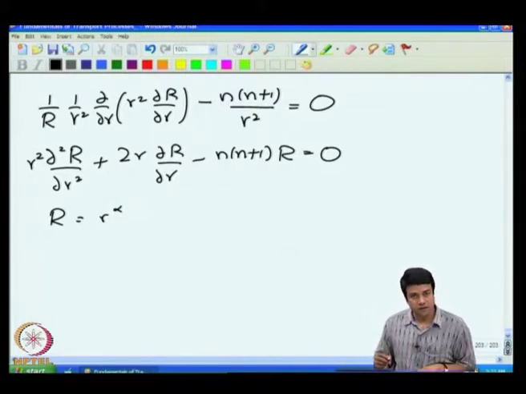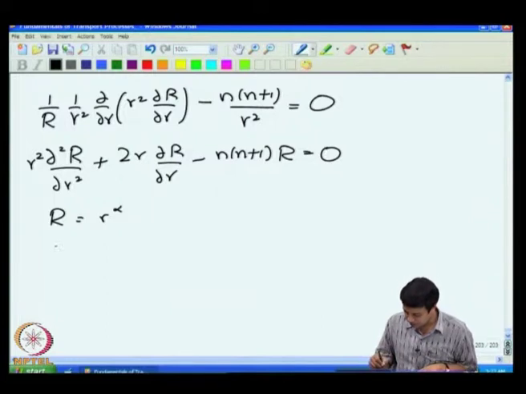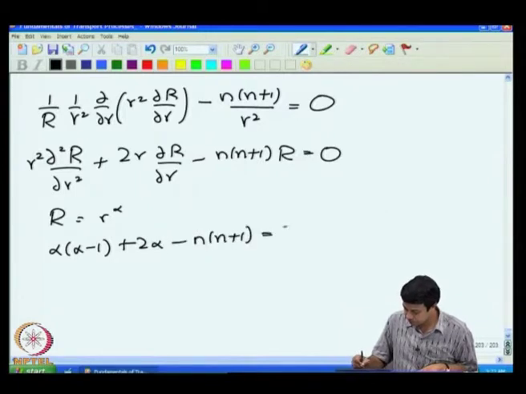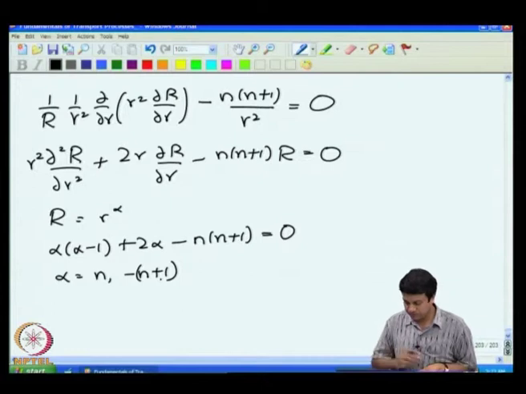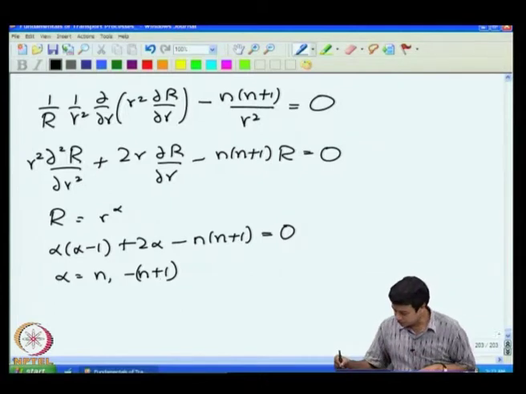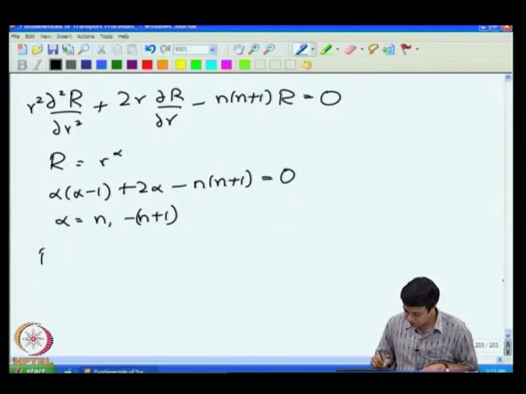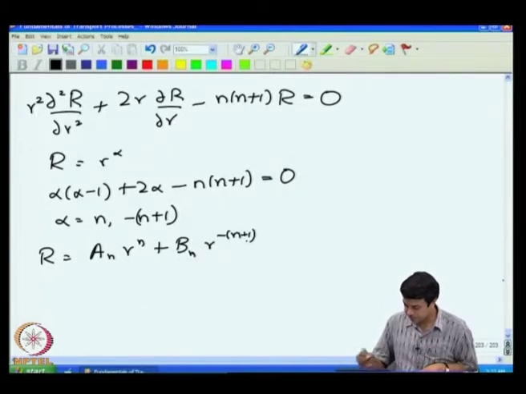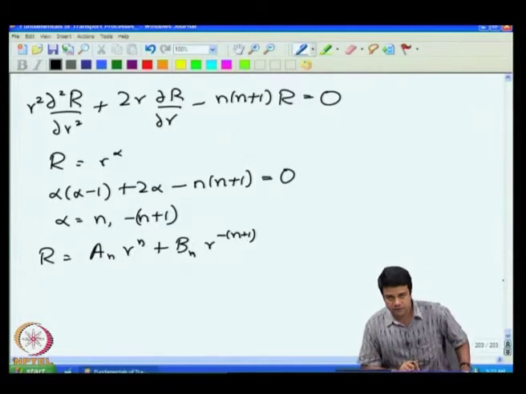If I insert into this equation and solve, I will get alpha into alpha minus 1 plus 2 alpha minus n into n plus 1 is equal to 0, or alpha is equal to n and minus n plus 1. So, therefore, the solutions for R are of the form R is equal to a n r power n plus b n r power minus n plus 1, for a specific value of n.